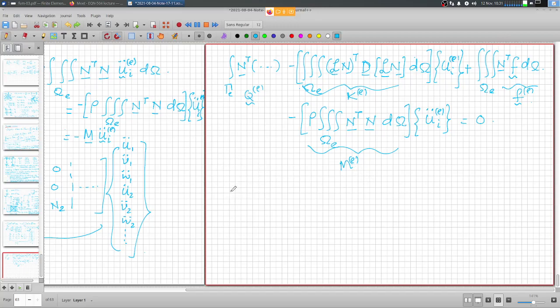So if we combine all these terms, then we get the familiar equation of motion for element level equilibrium equations.